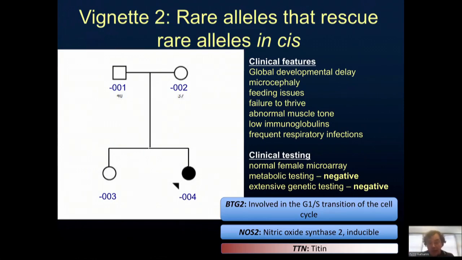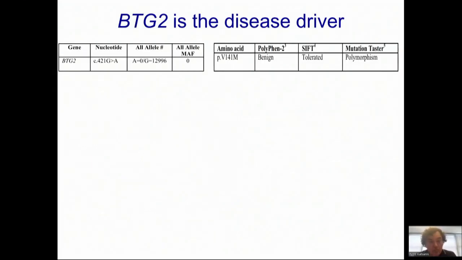So on the second thing that I want to show today, and just try to stay close to time, is something a little different. So here is another family, and this particular kid, she was referred at the age of 18 months, and the index phenotype was microcephaly. When we performed whole exome sequencing, we identified again the obligatory type mutations, the novel mutations in two genes, BDG2 and NOS2.